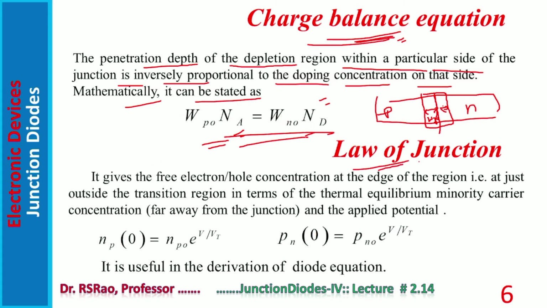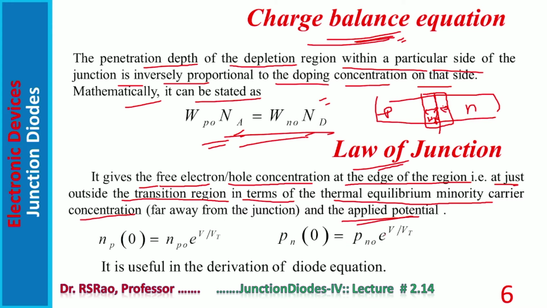Another law we consider is the law of the junction. It gives the free electron and hole concentration at the edge of the region, just outside the transition region, in terms of the thermal equilibrium minority carrier concentration far away from the junction and the applied potential.